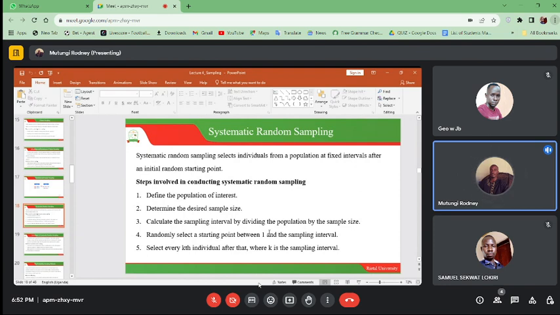We have 1,000. We have realized, using those sample size determination methods, that we need a sample size of 100. So if we have 1,000 as the total population and the desired sample is 100, then our interval would be 10, and then we go on like that to get the required sample.